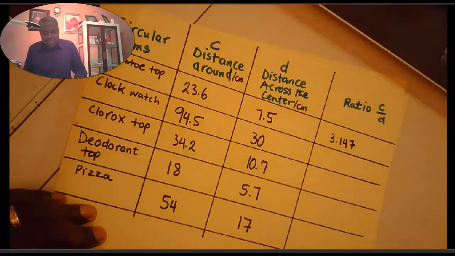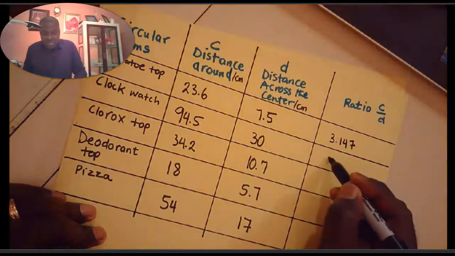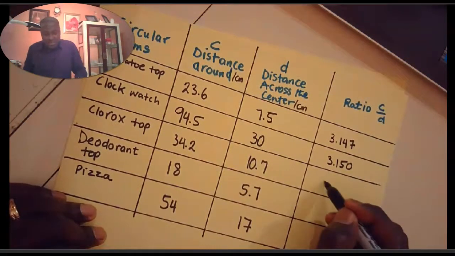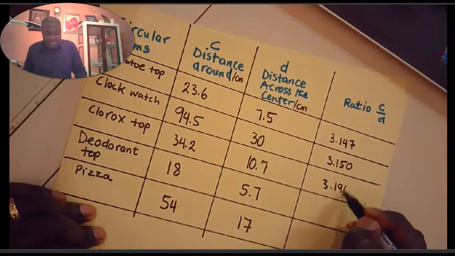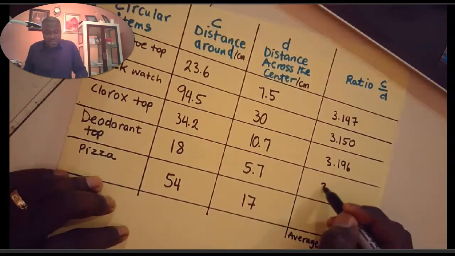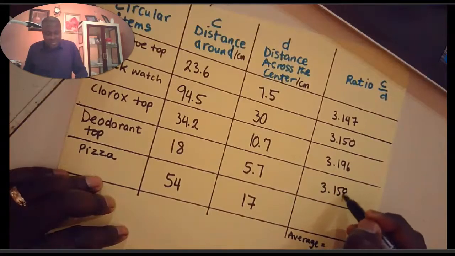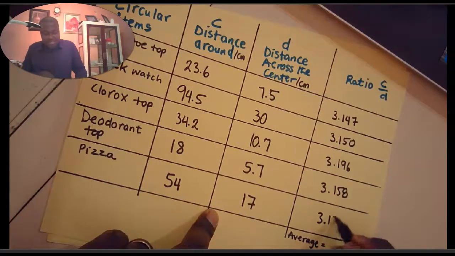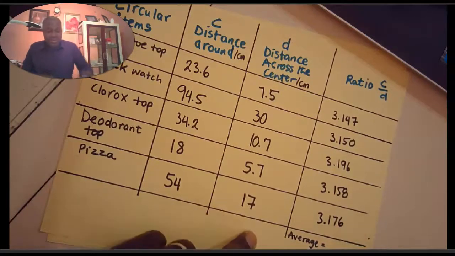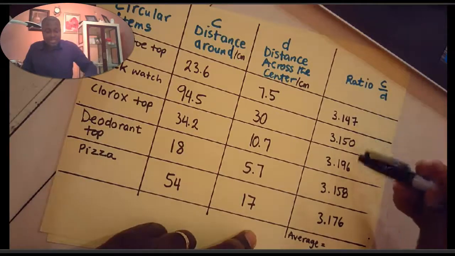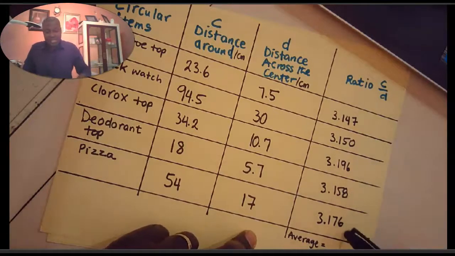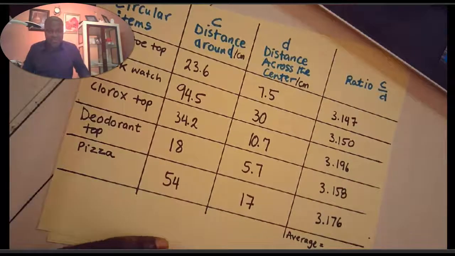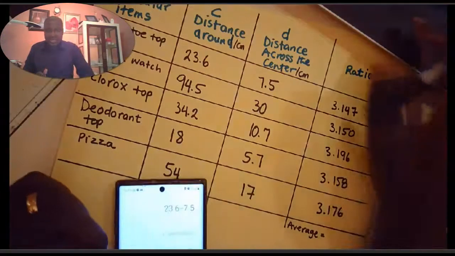Do the same thing for this one here, and I get 3.150, and I got 3.196 here, 3.158, and the pizza got 3.176. What we are going to do is add this plus this plus this plus this plus this, and then we divide it by 5 because it's 5 items, and then we will get an average. So let's go ahead and do that.